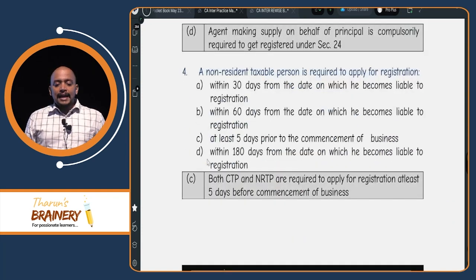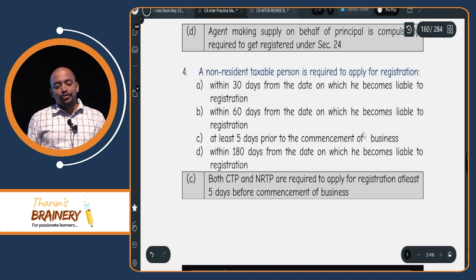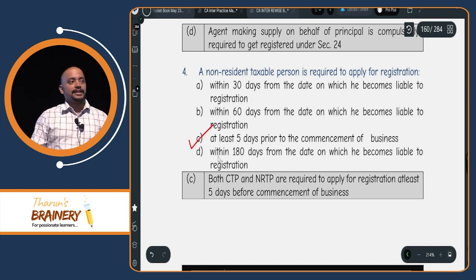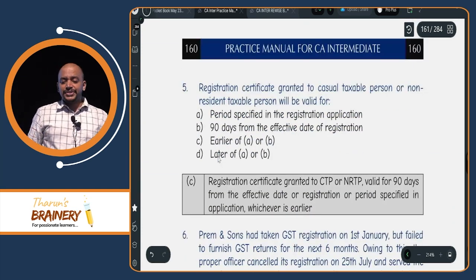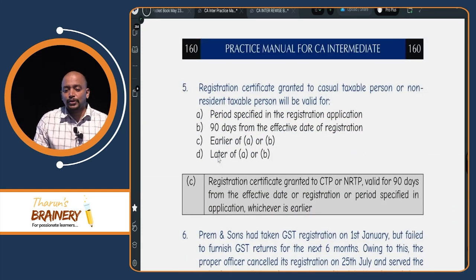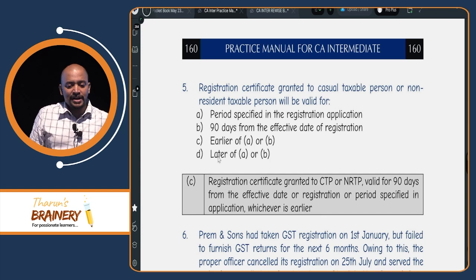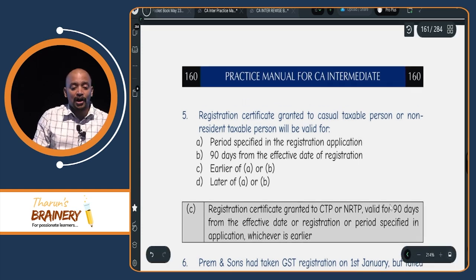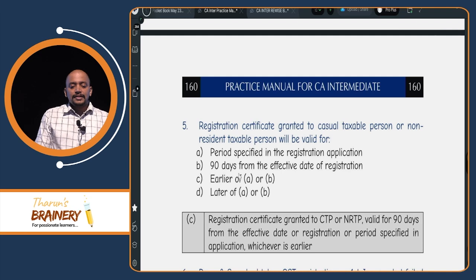Then an NRTP is required to apply for registration when? At least 5 days before commencement of business. So option C is the answer. Then the registration certificate granted to a casual taxable person or non-resident taxable person will be valid for 90 days from the effective date of registration.